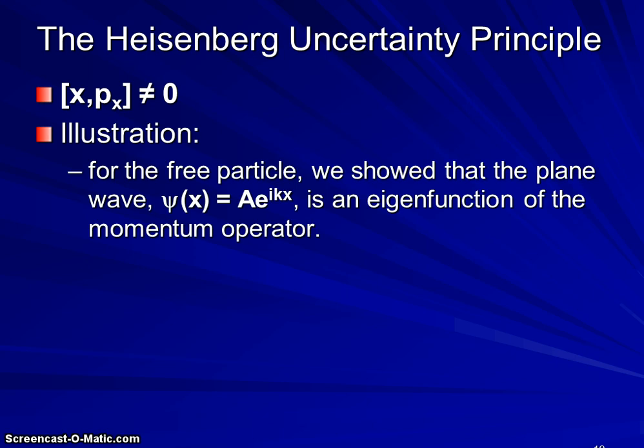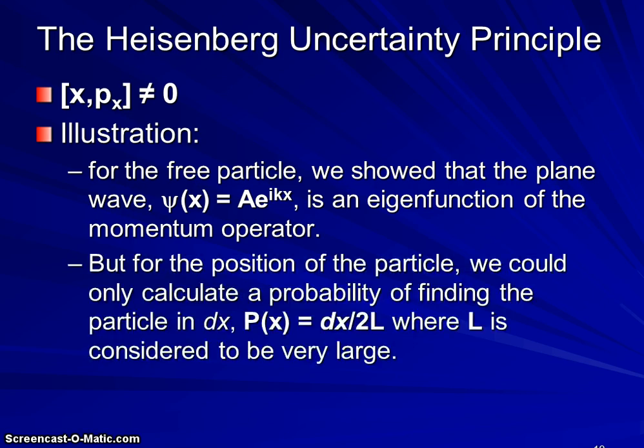As an illustration, for the free particle wave function, we showed that the plane wave is an eigenfunction of the momentum operator, but we couldn't find out anything about the position. We could only calculate a probability of finding it in a particular area.